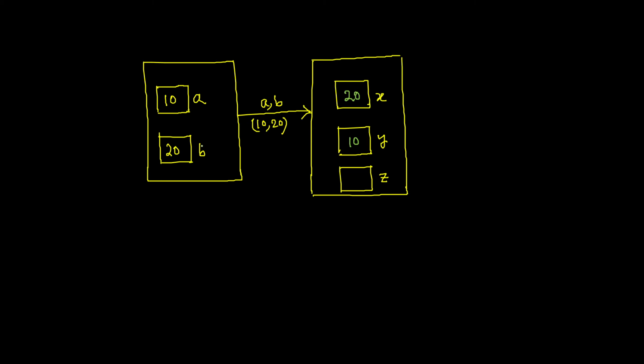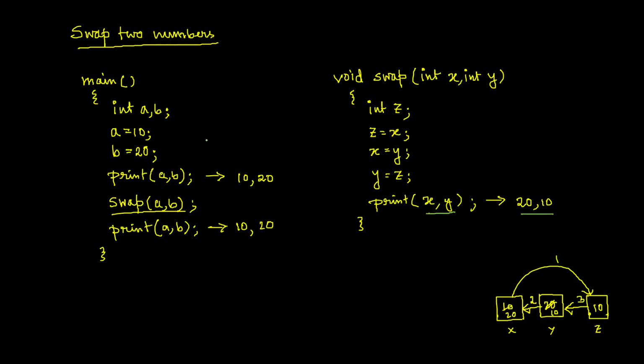You can say that, sir, you have not returned the result to the main function. Now the question is how I can return the result, because my result is not one value, it's two values. Both values I have to return.